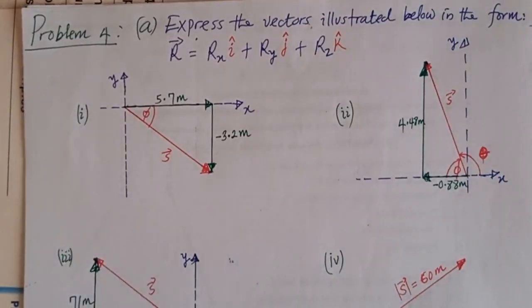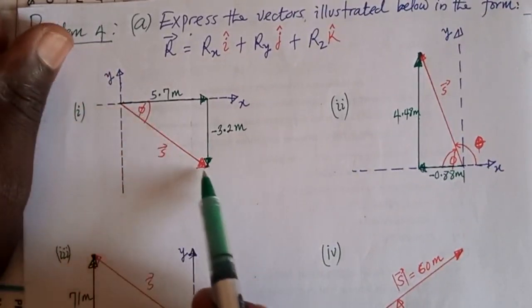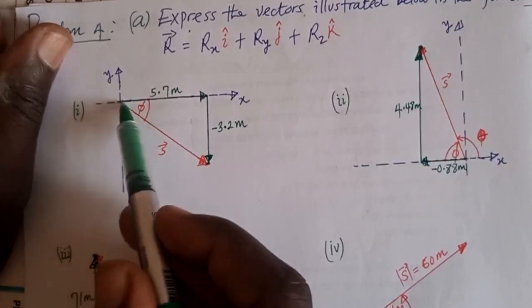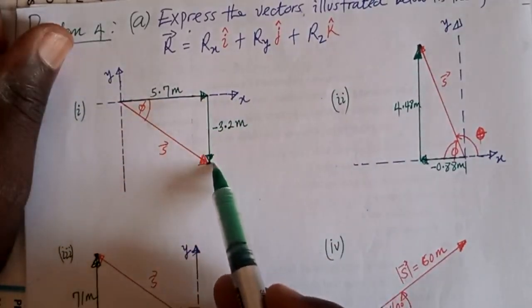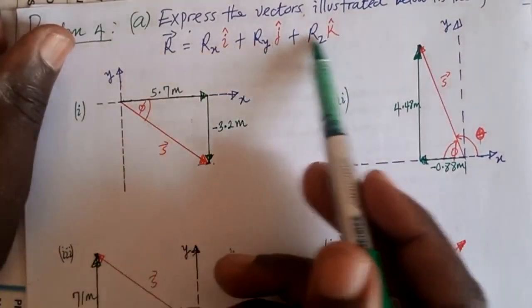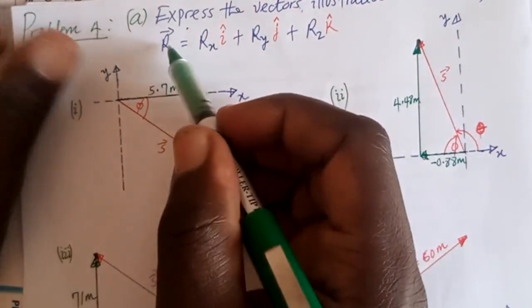I will solve the problem right there. So here, this is the vector. You see the first one, vector s, the displacement vector. This is its component along the x-axis and this is its component along the y-axis. We are asked to write it in this form. Since our vector is s, we are not going to write r.